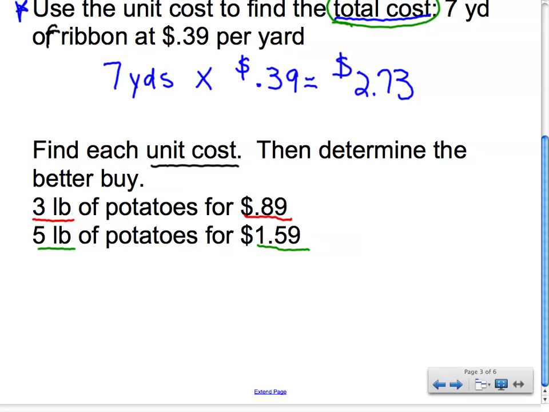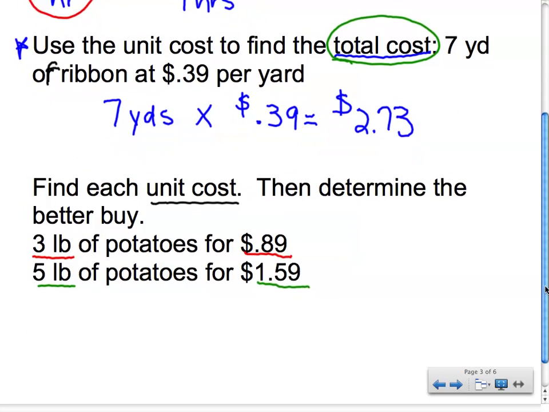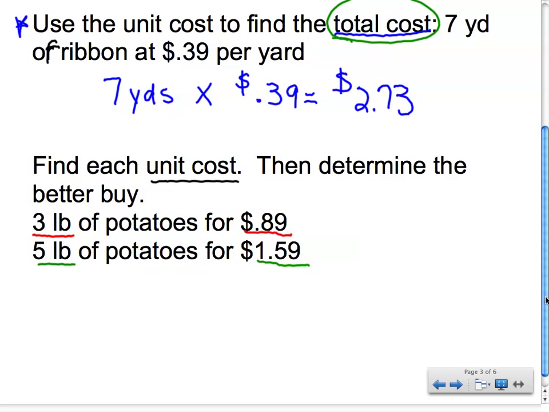To find that comparison, we're going to work each problem out. For the first one, 3 pounds of potatoes for 89 cents, we're going to set that up like we did our unit rate up here. We're going to set our dollar amount over pounds. So for the first one, we had 89 cents for 3 pounds.